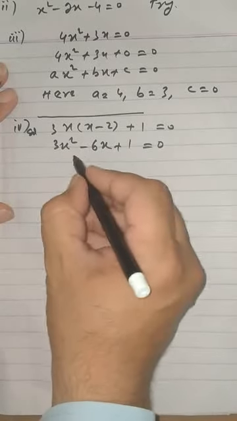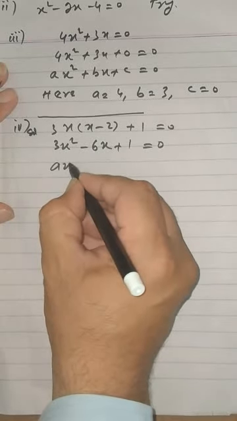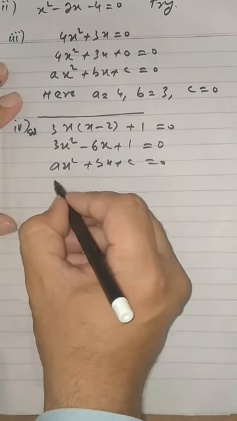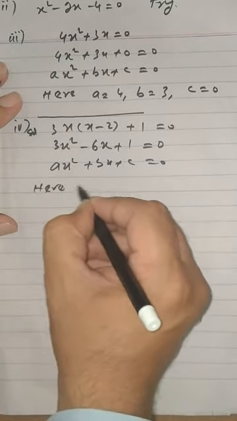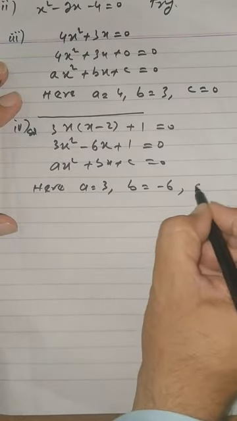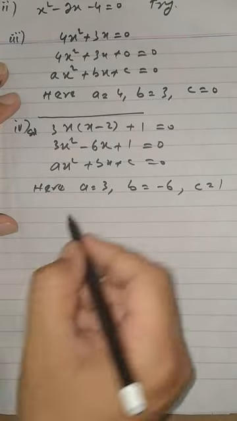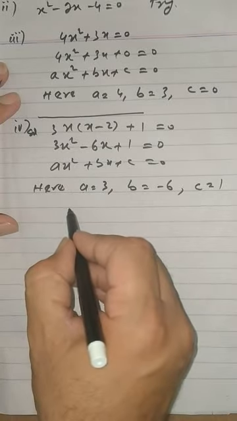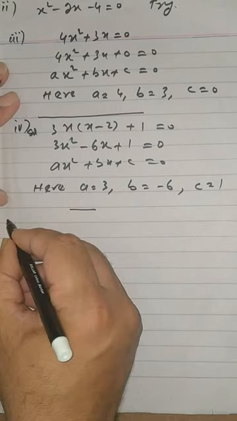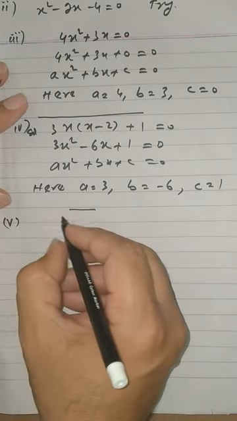Now it is in standard form, or the general form of a quadratic. Compare it with the general form: ax square plus bx plus c equals 0. So here a equals 3, b equals minus 6, and c equals 1. Now use the quadratic formula and solve this part also. Come to part 5.